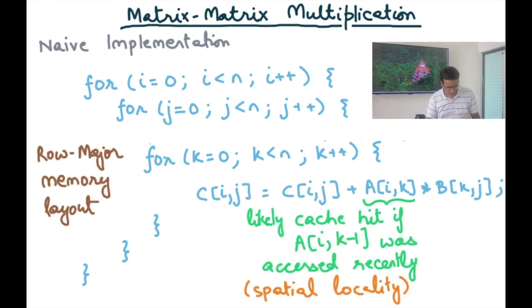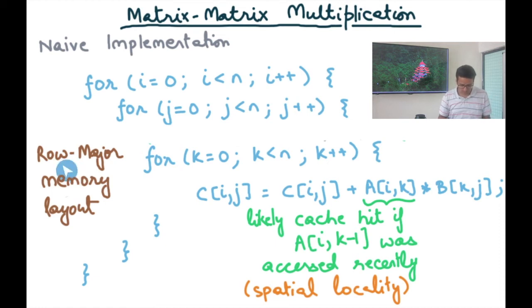Okay, so assuming row major memory layout. Of course, if I used a column major memory layout, the argument would flip. In that case, B would have spatial locality and A would not. But I'm just going to pick one of them, it doesn't matter, without loss of generality.